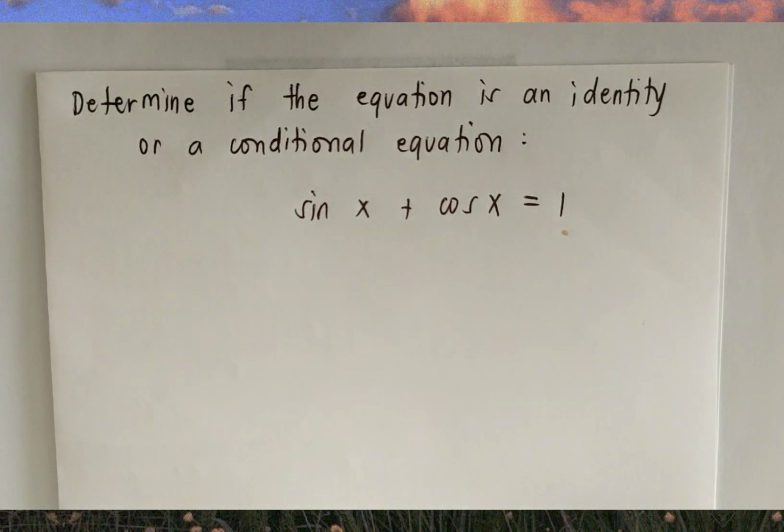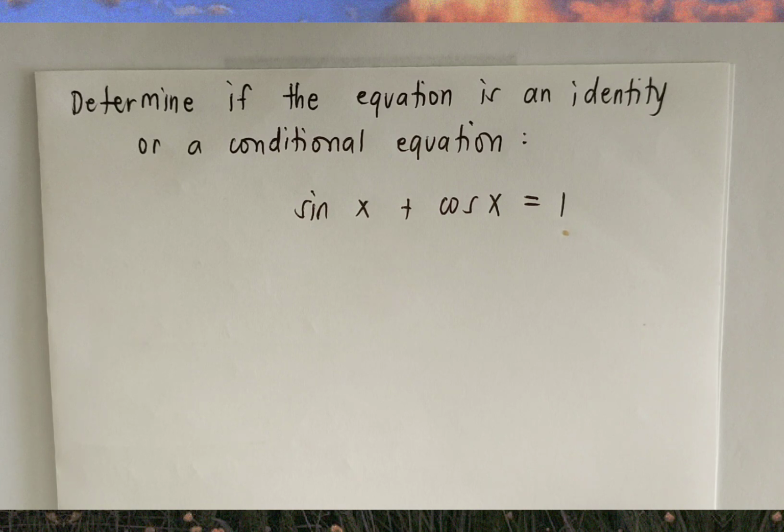Determine if the equation is an identity or a conditional equation. We have sine x plus cosine x equals 1. If this is an identity, then it should be true for all values of x in the domain of the sine and cosine functions. Take note that the domain of both functions is the set of real numbers.